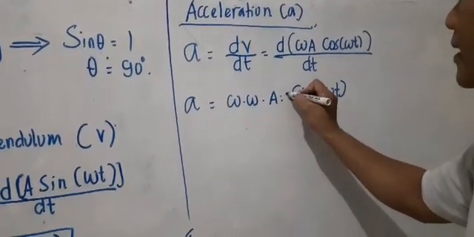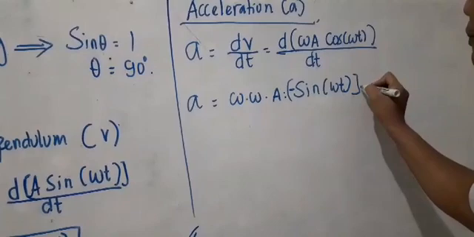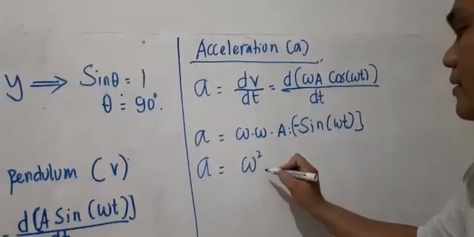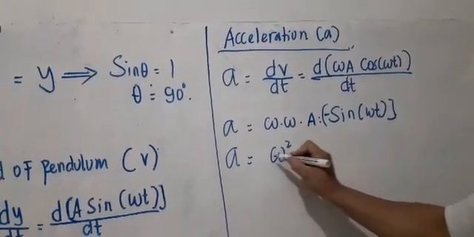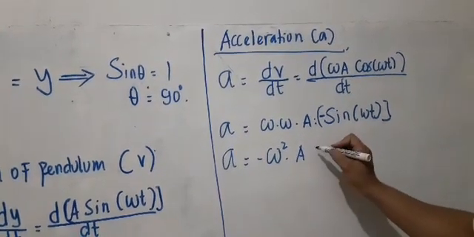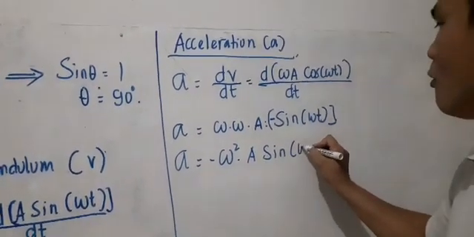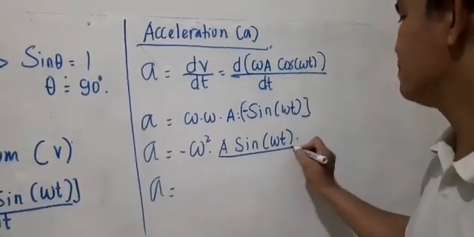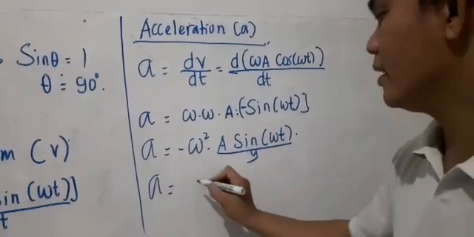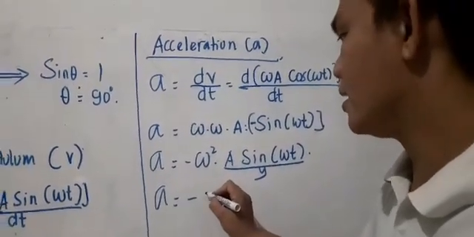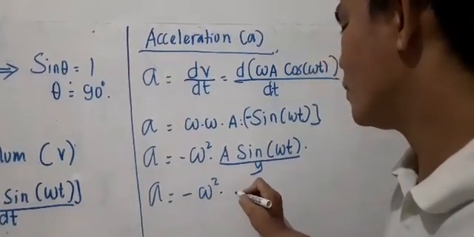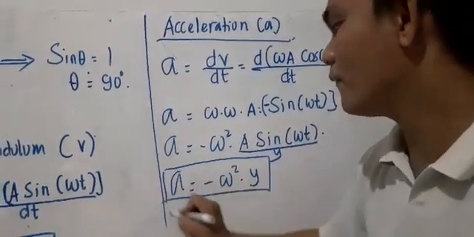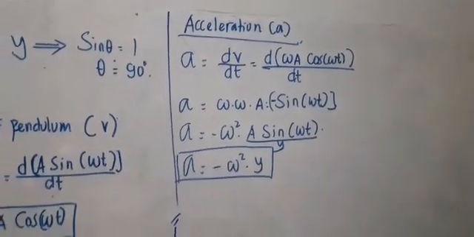So the acceleration is minus omega squared times A sin omega t. And we can see that this part is y, the deviation itself. So a is minus omega squared times y. This is the equation of the acceleration of the pendulum.